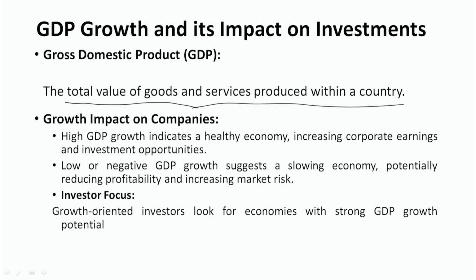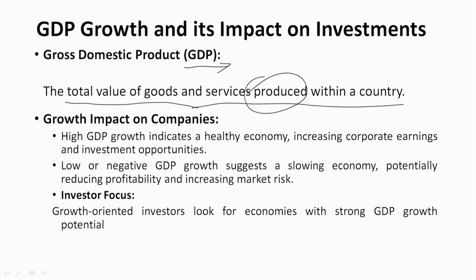So basically, for a layman, GDP talks about how much has been produced within the country, whether it is goods or services. So in total, the total number of goods produced within the country is considered to be GDP.